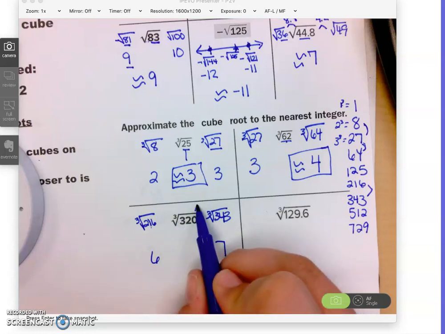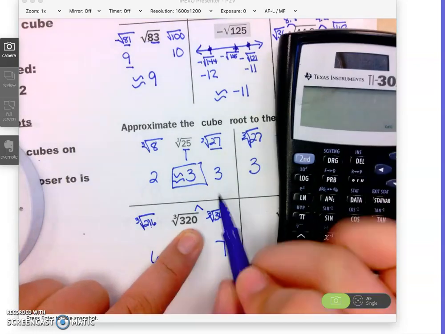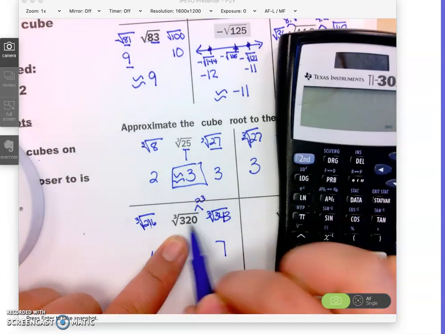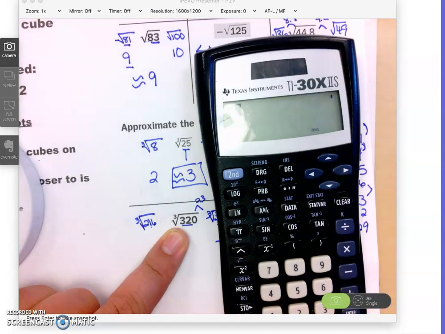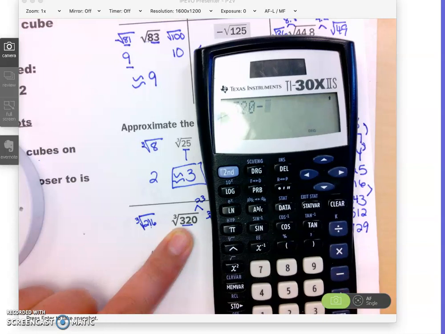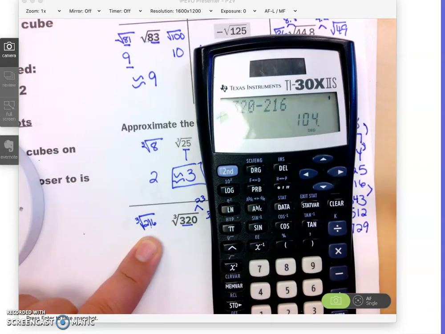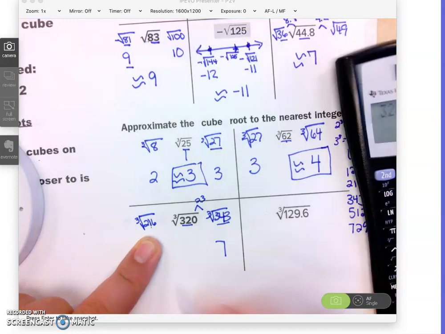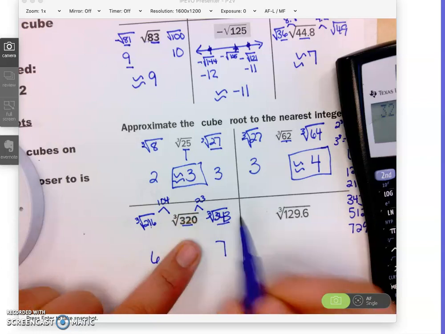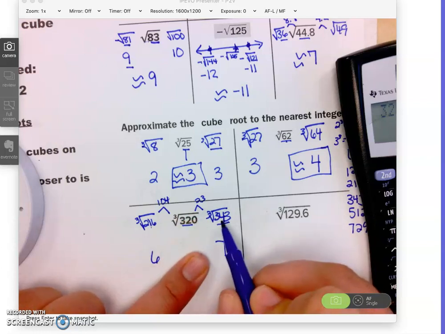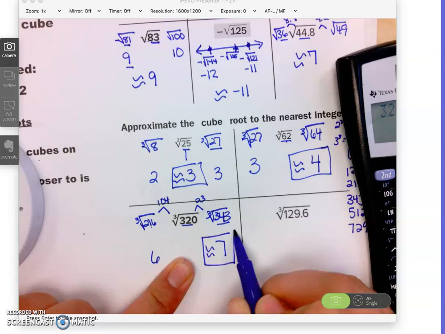Well, if you can't see right away that the difference between these two is only 23, I can take this handy dandy calculator and subtract 320 minus 216, trying to find that difference. And I see that's 104. So the difference here is 104. The difference here is 23. So it's going to be closer to this cube root of this number, which is 7.